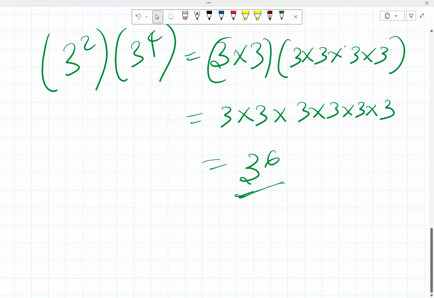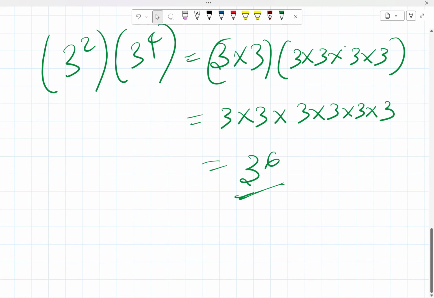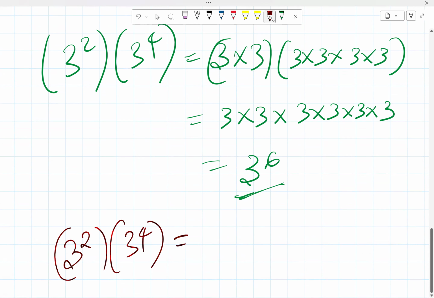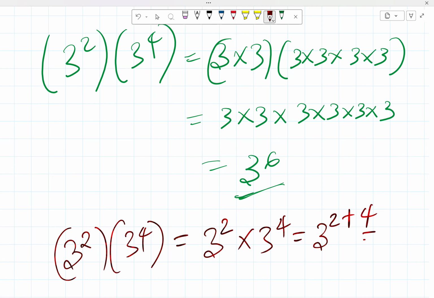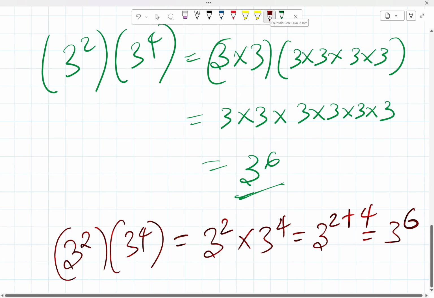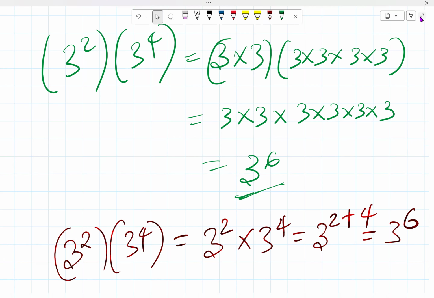But instead of going this long distance, because we already know that is the answer it gives, we can say 3 raised to power 2 into 3 raised to power 4 can easily be expressed as 3 raised to power 2 plus 4. That's 3 raised to power 6. So instead of having to do this elaborate process.